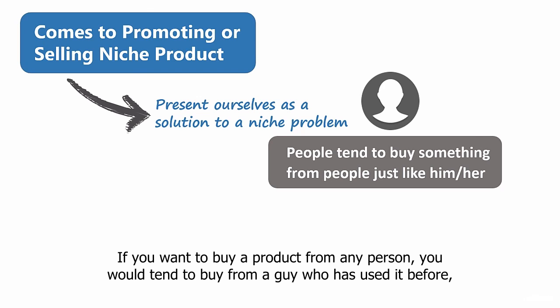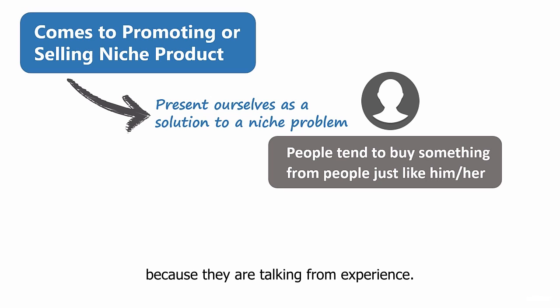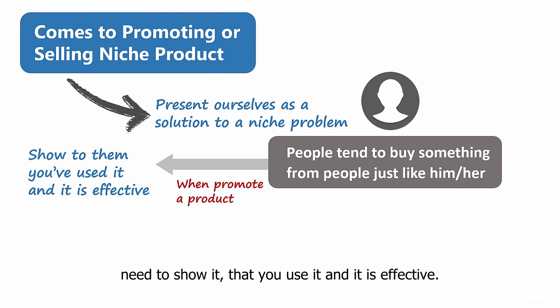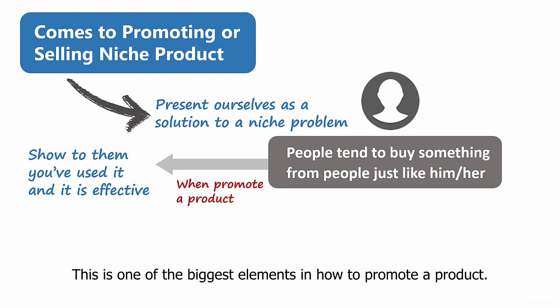If you want to buy a product from any person, you would tend to buy from a guy who has used it before, because they are talking from experience. This is one of the most powerful persuasive techniques to ask somebody to buy. And to promote the product, you need to show that you use it and it is effective. Like I said, it's one of the biggest elements in how to promote a product.